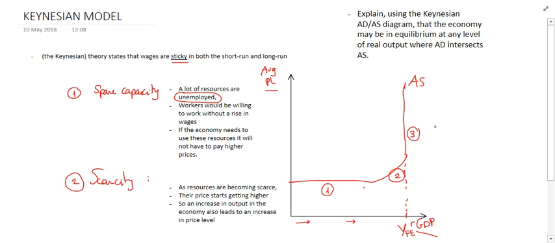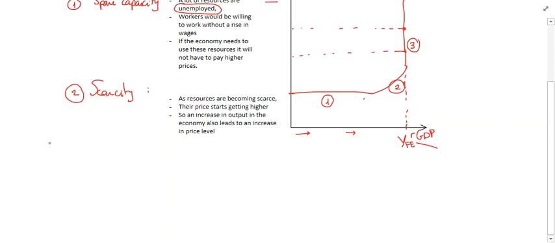So any increase in demand at this point does not really lead to an increase in output. It just leads to an increase in the price level. So this area is defined as full employment.